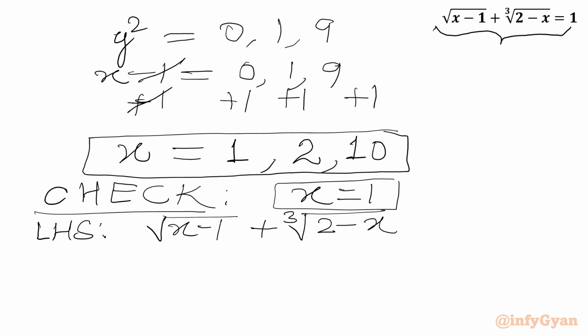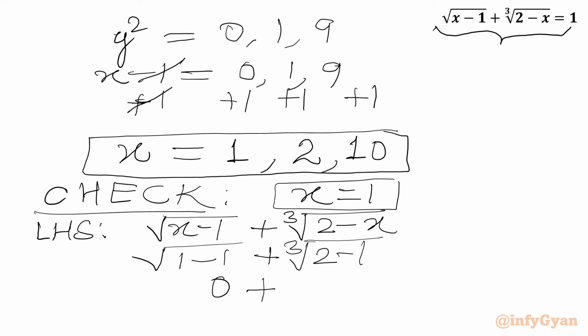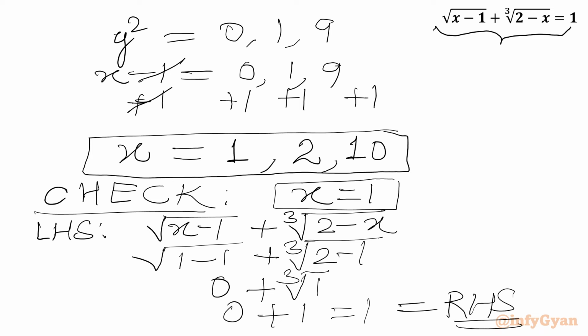This should be equal to 1. Let's put x equal to 1. We will write square root 1 minus 1 plus cube root 2 minus 1. So 1 minus 1 is 0. Here we can write directly 0 plus cube root of 1. So 0 plus 1 equal to 1, and this 1 is our RHS. Hence our solution x equal to 1 is a true solution.